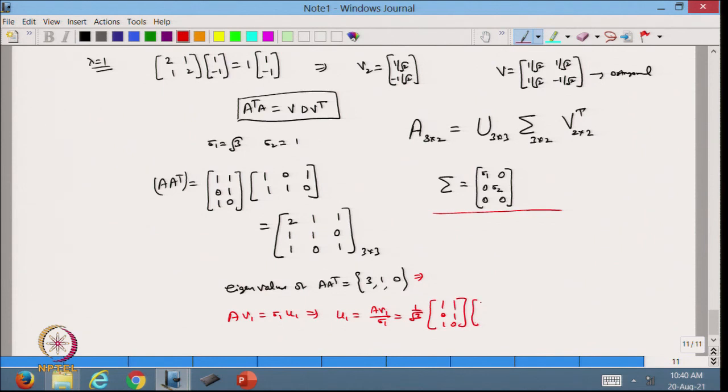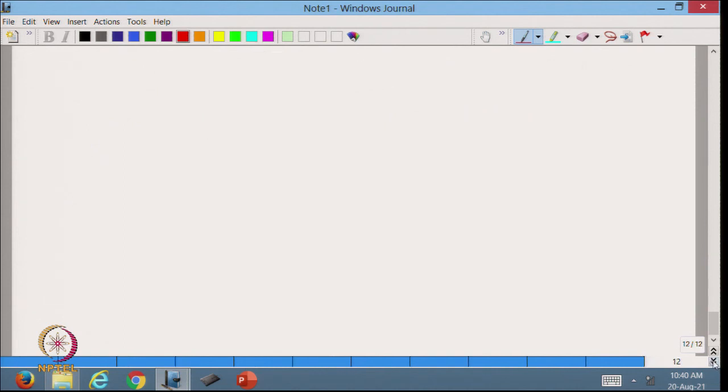V1 is 1 by root 2 and 1 by root 2. So, it is 1 by root 3 here, and now it is 2 by root 2, 1 by root 2 and 1 by root 2, and from here I can write this vector as 2 by root 6, 1 by root 6 and 1 by root 6. So, this is my u1 and it is a vector with magnitude 1, which we can see from here.